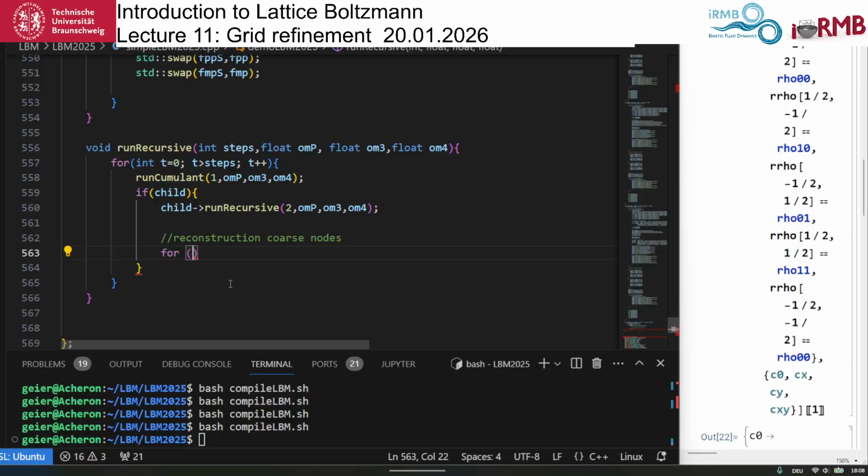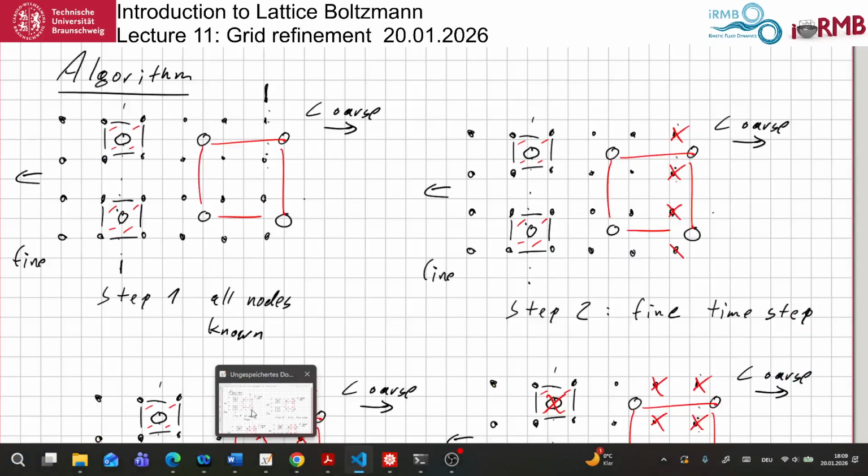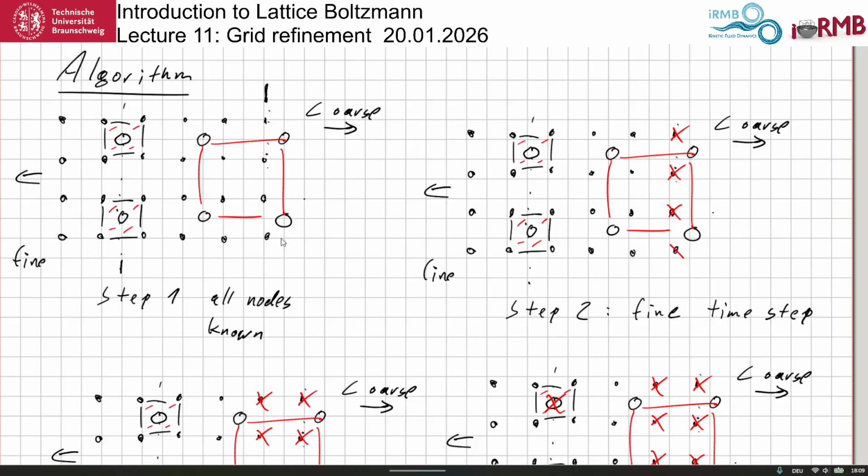Let me see. We go inside the fine mesh, for int xe. So say we're starting at 5. Then we go to the last one we are using, so there's one more outside.